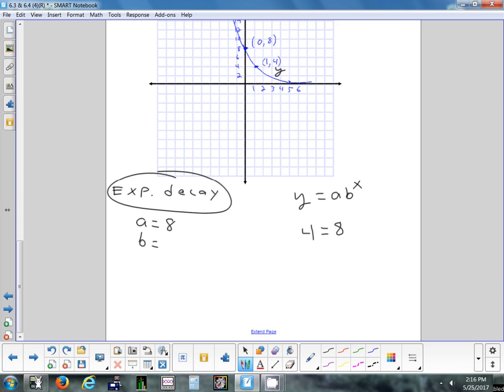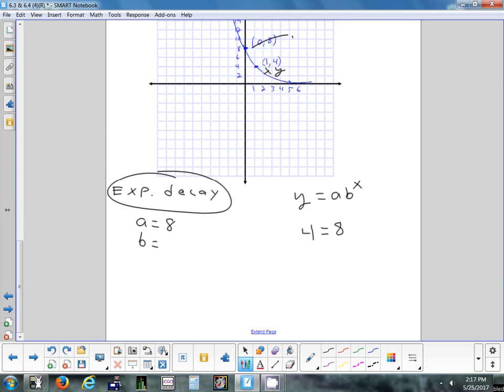Is there anything else that I know? Still something there I haven't used. We used this. The 0 told us what A was. So the 0 and the 8, this is done. The 1, what's the 1? That's an X value.